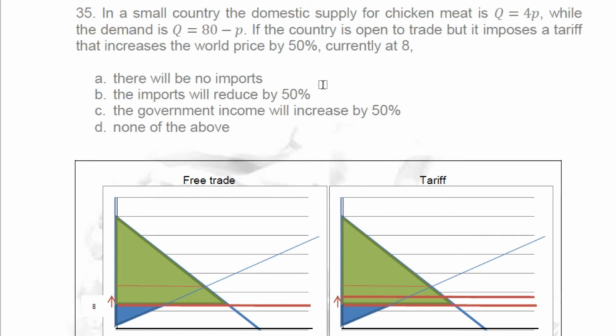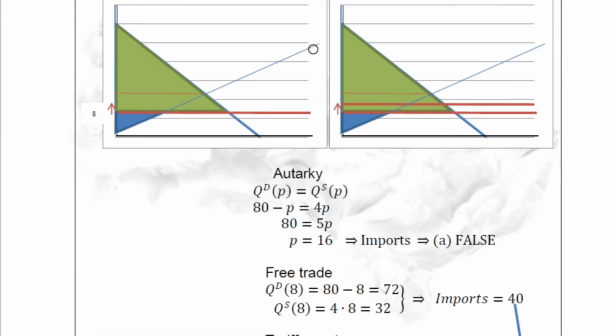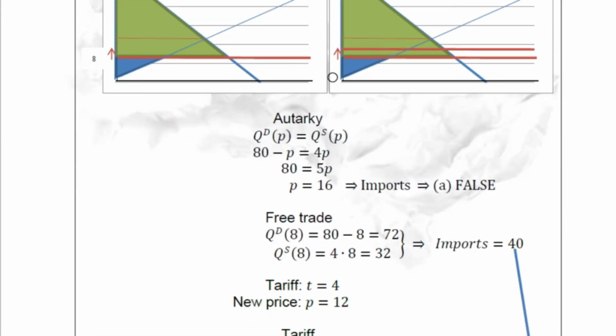Well, we should make the accounts here. Yeah? So let's see. At free trade, 80 minus p is 72. 4 times 8, the supply for p, yeah, is 32. So import with free trade at R40, yeah.